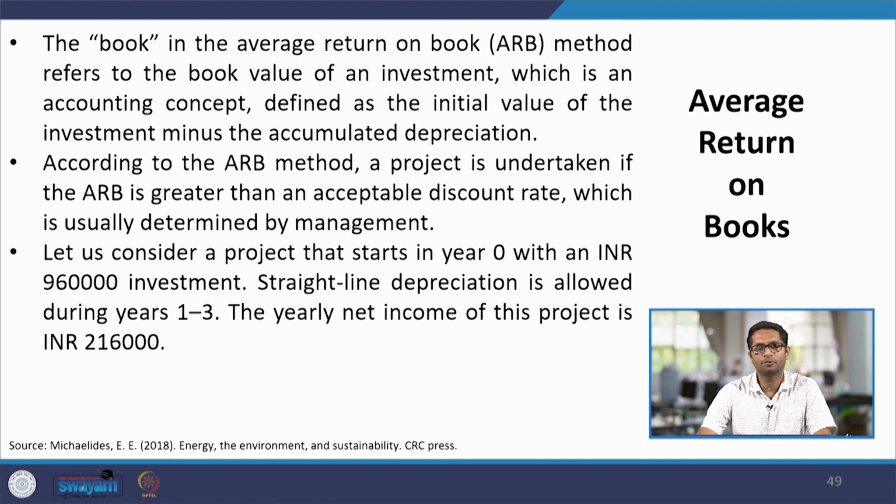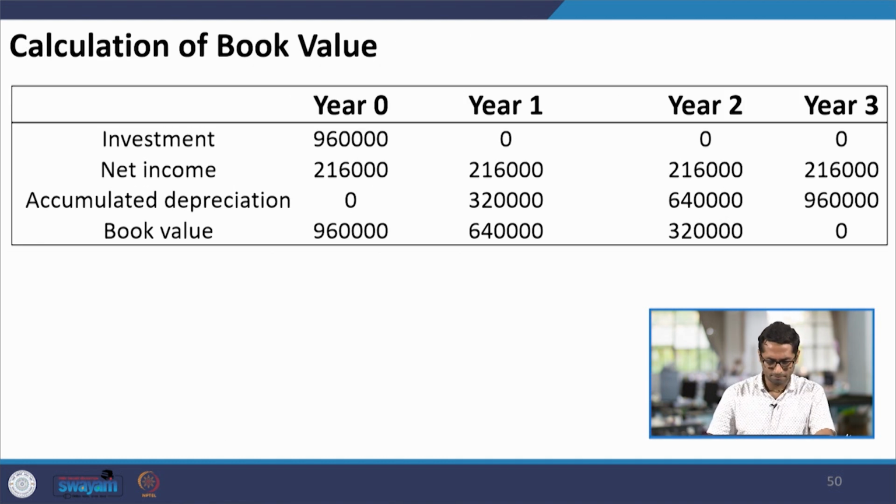And from this project you also have a revenue that is generated, and that revenue generation happens to be around 2,16,000 per year. So basically this is what the table for the annual average return on books would look like.